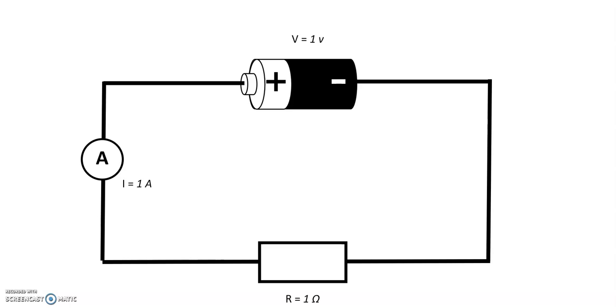So for this particular resistance, with this particular potential difference, I have 1 amp of current passing around the circuit. That's 1 amp leaving the positive terminal, going down through the ammeter, through the resistor, through the wire, back up towards the negative terminal, and 1 amp again going through the battery, forming the closed anti-clockwise loop which we've seen before.